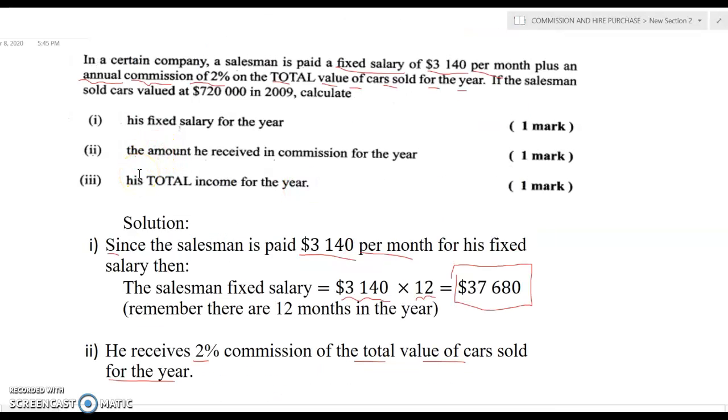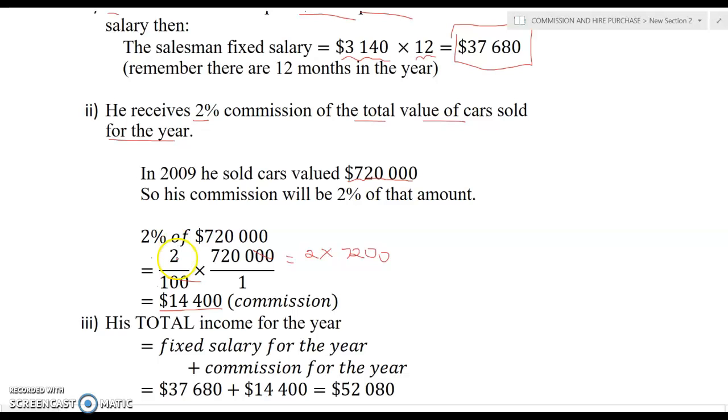Then the last piece, let's go back and see the last piece. They want us to calculate his total income for the year. So his total income for the year is his fixed salary plus the commission for the year, right? His fixed salary was the first thing we found, $37,680, and his commission is the $14,400. So his total income for the year is $52,080.